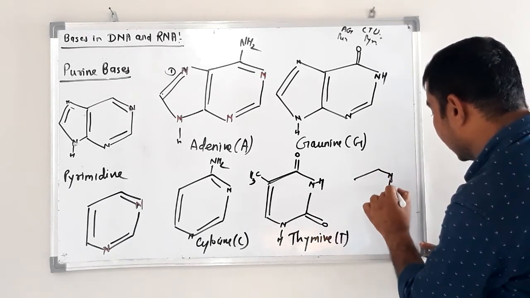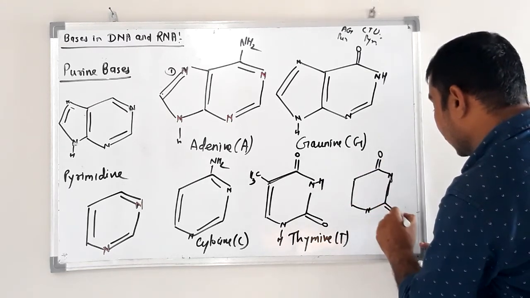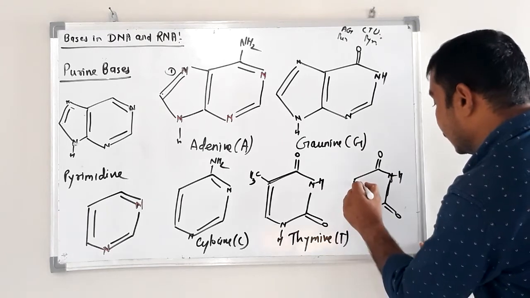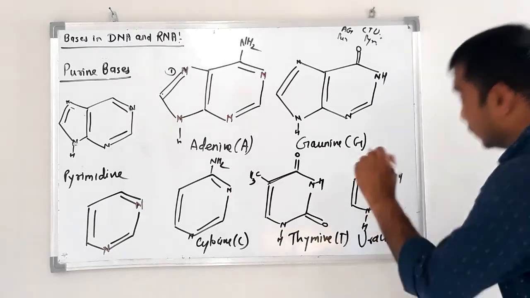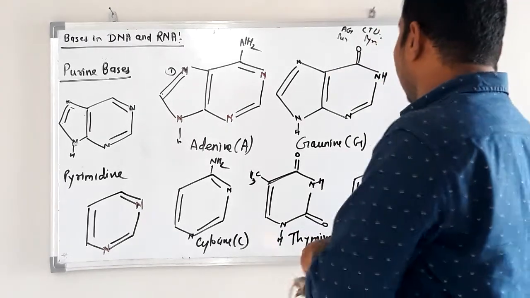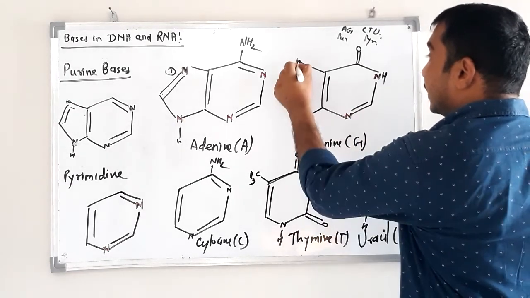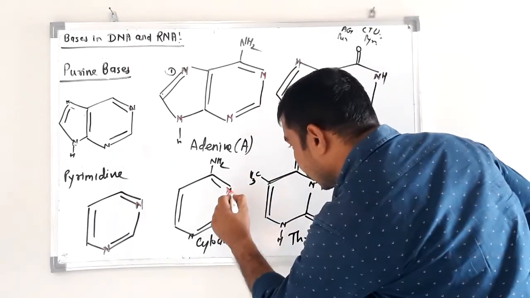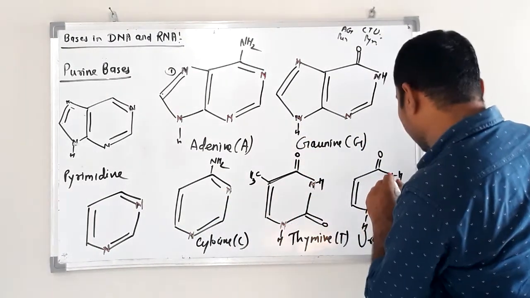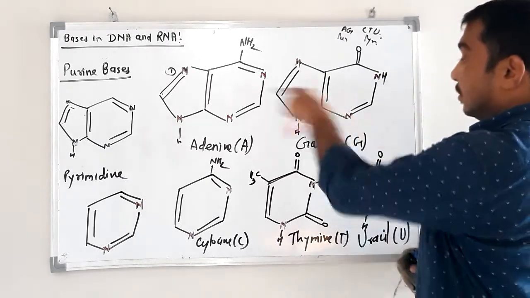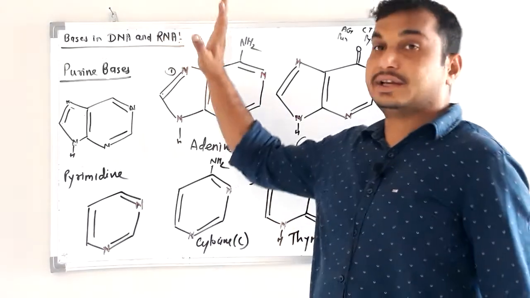Uracil is this: nitrogen, nitrogen, double bond, NH, NH. This is uracil, U. So these are the five bases generally present in DNA and RNA.